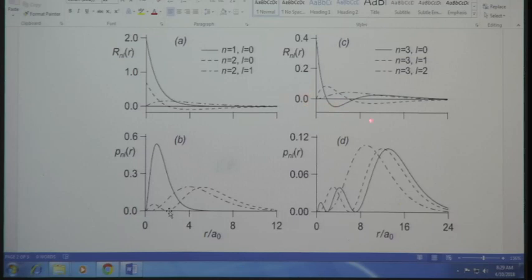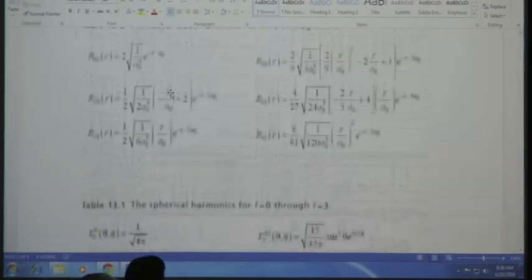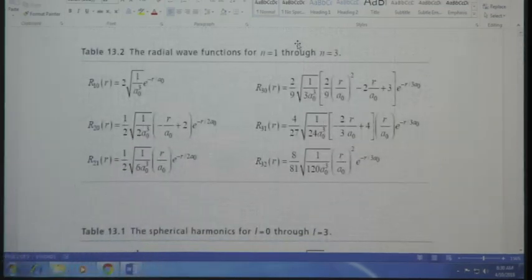One thing that you observe is that the wave function has zero crossings. For n equals 1, l equals 0, there are no zero crossings. For n equals 2, l equals 0, I have one zero crossing here. So the number of zero crossings changes with l. And if you look at the polynomial function here, this is simple calculus 1.